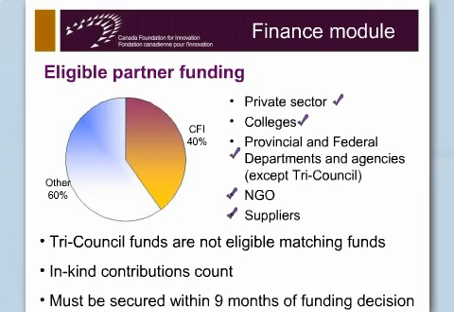So if you have a private sector partner paying for the salary of one of your technicians, let's say, or one of the key participants, well, since the salary of the faculty member is not an eligible cost, this could not leverage the CFI grant, the CFI fund.